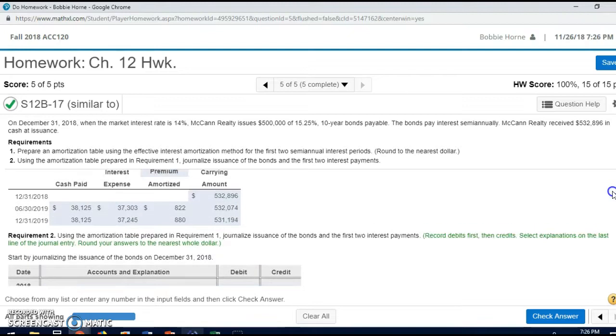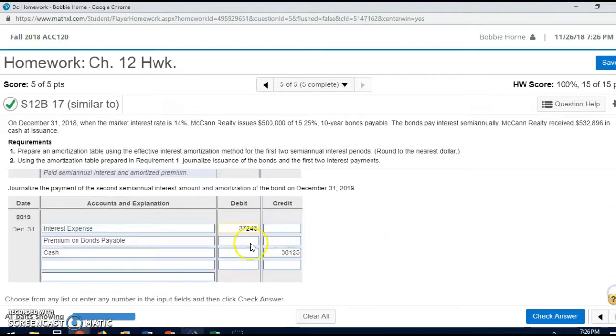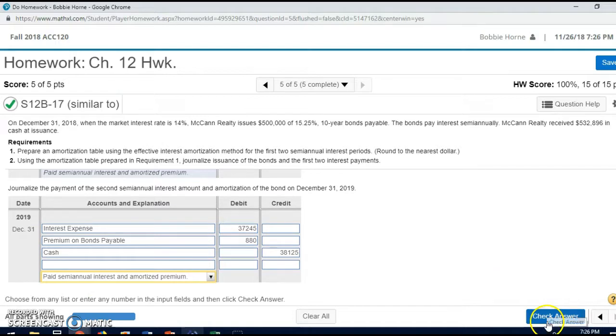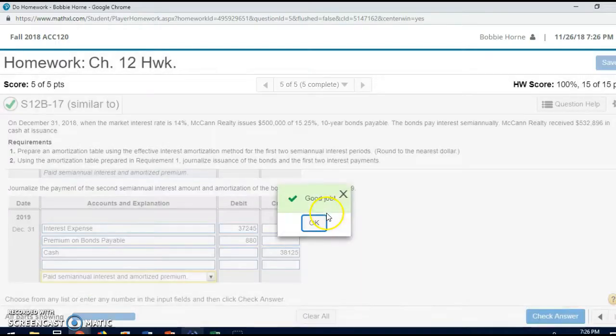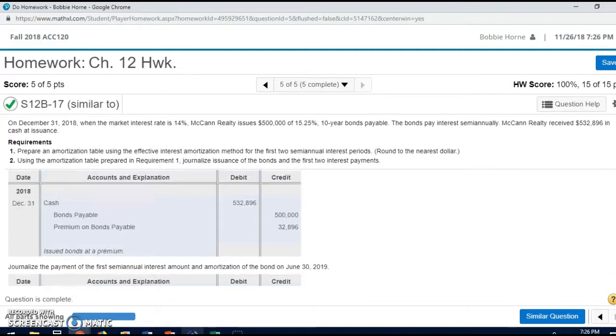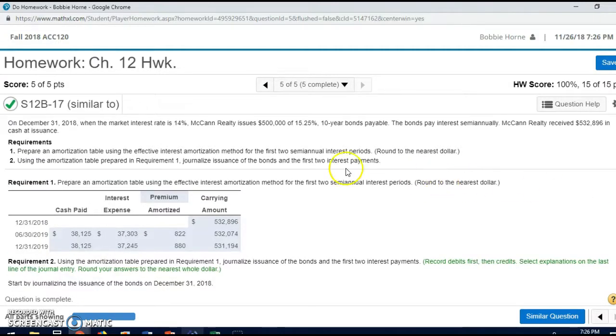And the premium for the second year was $880. And this is to pay semi-annual interest and amortize the premium. And that is all of the problem on effective interest method of amortization.